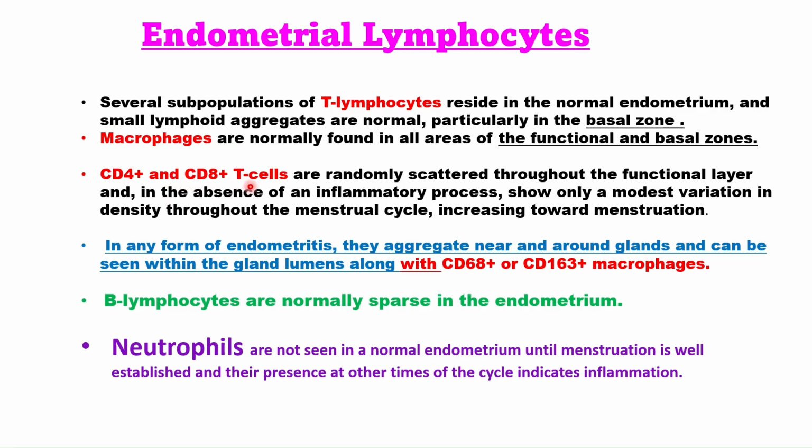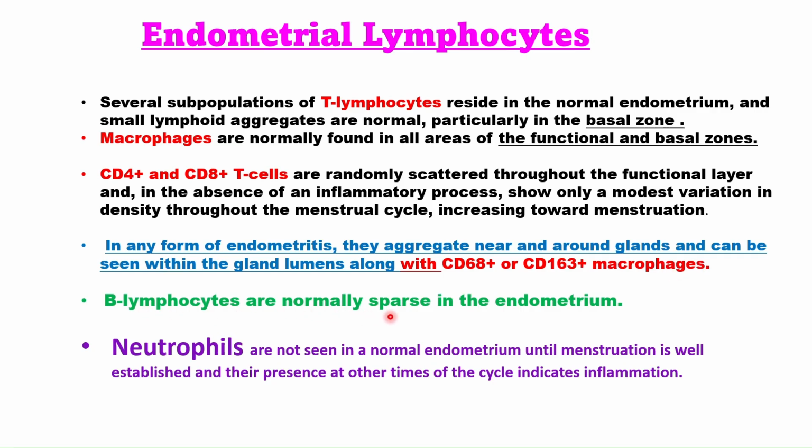CD4 plus and CD8 plus T cells are randomly scattered throughout the functional layer, and in endometritis, their aggregates near and around the gland can be seen within the gland lumen along with CD68 plus and CD163 positive macrophages.